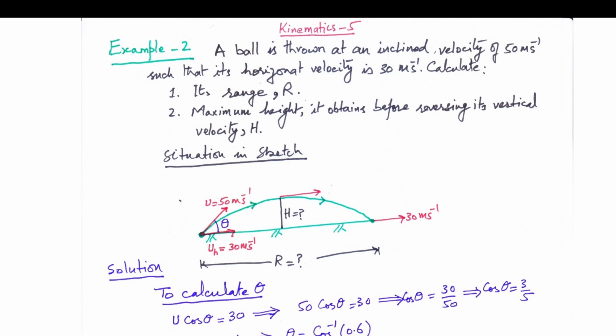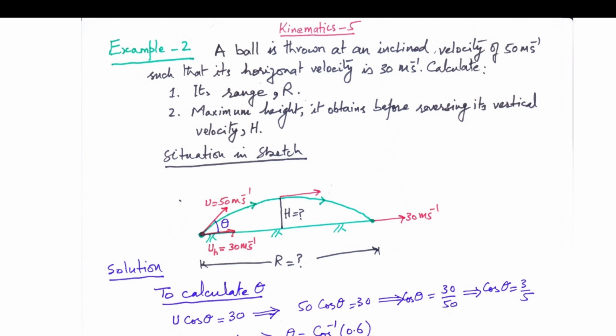We know that u cos theta is equal to 30 meters per second, and u is 50 meters per second, so 50 cos theta is equal to 30, and cos theta is equal to 30 over 50, and from there we find out theta is equal to 53.13 degrees.